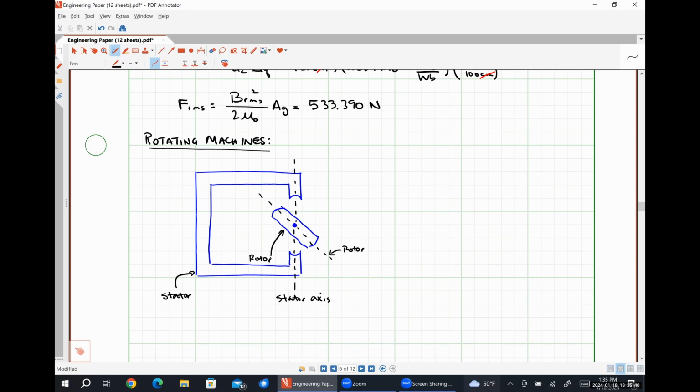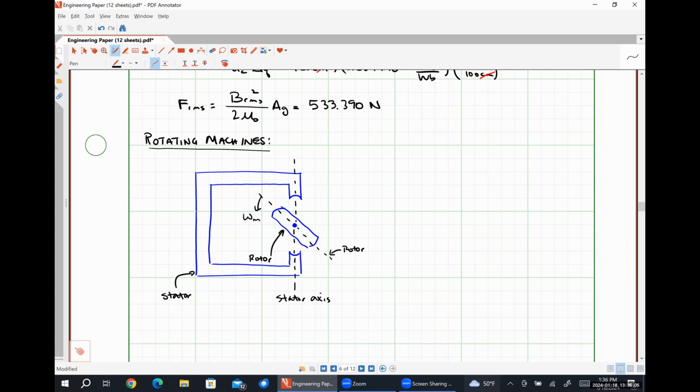So it still has the same basic structure. There is a stationary part and there is a movable part. But now instead of having linear motion, we're having rotational motion. So our rotational motion is going to be characterized by some angular frequency, omega m.